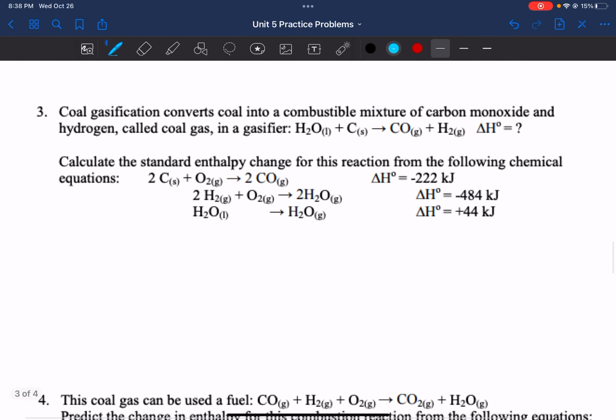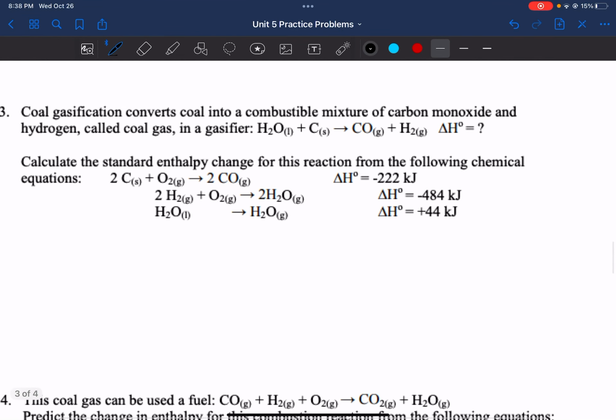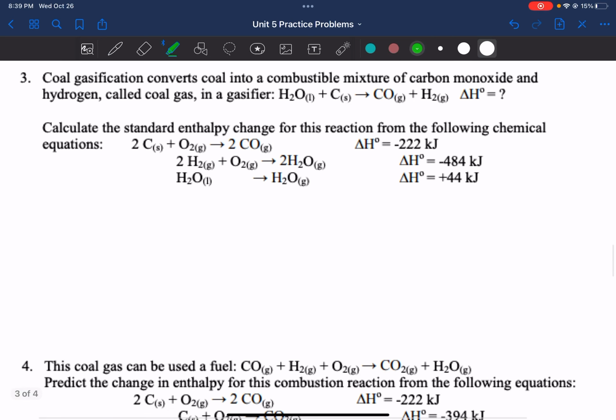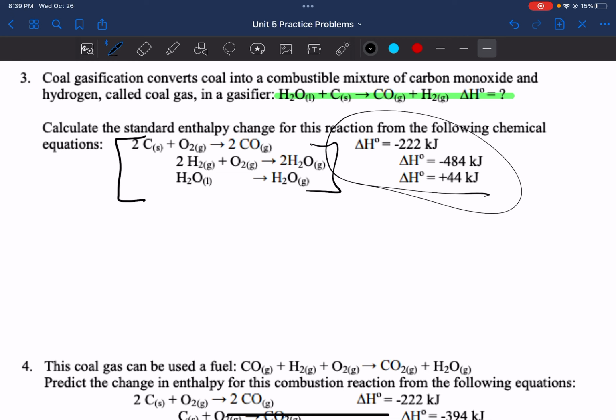Alright, this is also solving for enthalpy, but this time we're using problem 3 to show an example. So again, we always have our balanced equation, and we have our information here, which includes, the first one showed 2, this one has 3, and it always has these.